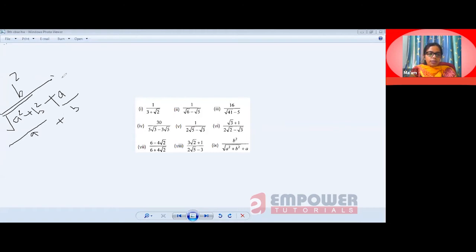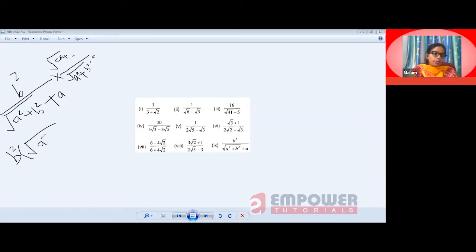So the conjugate pair of this must be root of a square plus b square minus a, right? So this will be equal to root of a square plus b square minus a in the numerator, and the same in the denominator. So you will have root of a square plus b square minus a. So this will be equal to b square. You will keep it as it is, or if you want to, you can open the bracket.